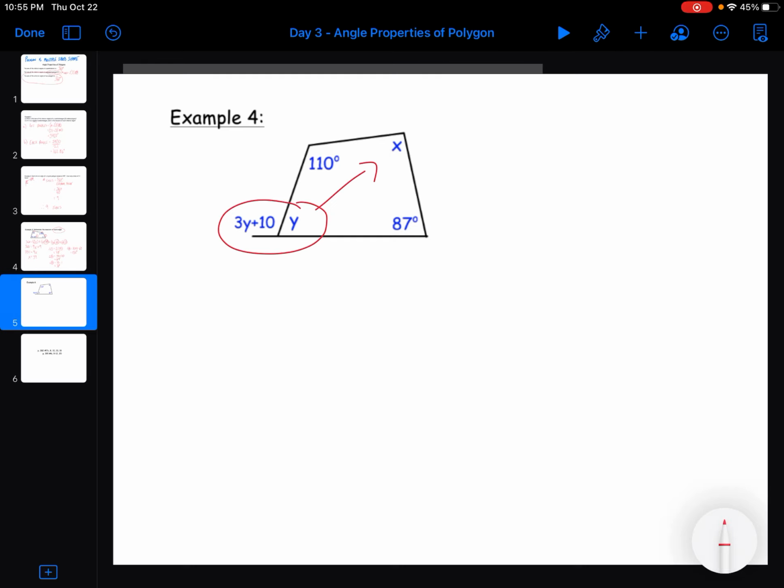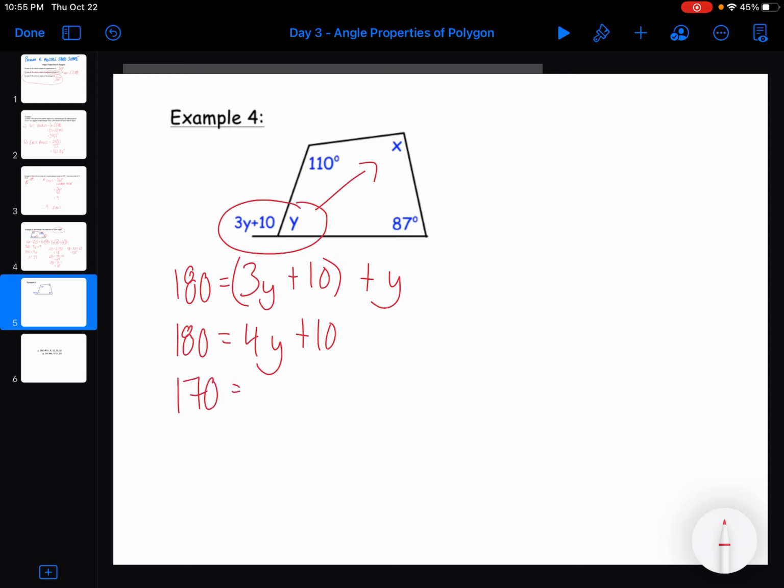Okay, so what we need to do first is we're going to say 180 equals 3y plus 10 plus y. So then we get 180 equals 4y plus 10. And then we get 170 equals 4y, because we're subtracting that 10 over. And then y is equal to 42.5.